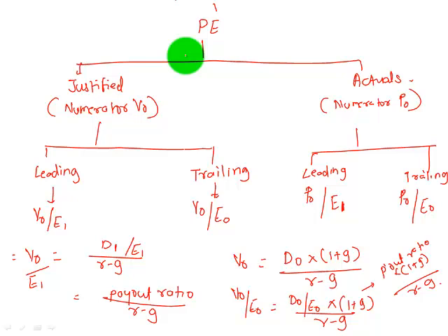Single step derivation. Payout ratio into 1 plus G divided by R minus G. Is that okay? Yeah, let's stop for 5 minutes and let's meet again after a break.